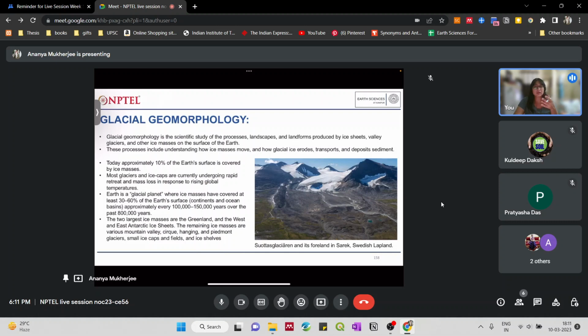These alpine glaciers usually occur in mountain valleys, cirques, hanging, and Piedmont glaciers. Some also occur as ice caps, ice fields and ice shelves. We will see a few of these terms in the coming slides.